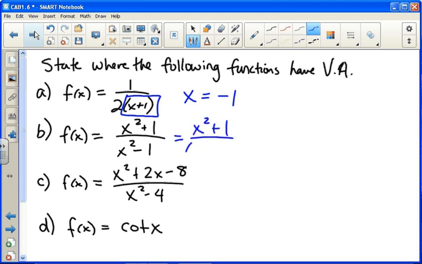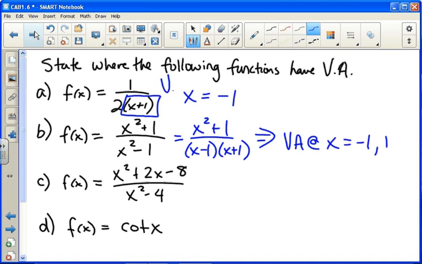The bottom, however, can be factored to be x minus 1, x plus 1. So both positive 1 and negative 1 make the denominator 0, and neither of them can be canceled out, so both of them are vertical asymptotes. So vertical asymptotes at 1 and negative 1. I'm going to add that up there to part A as well. A vertical asymptote at that point.